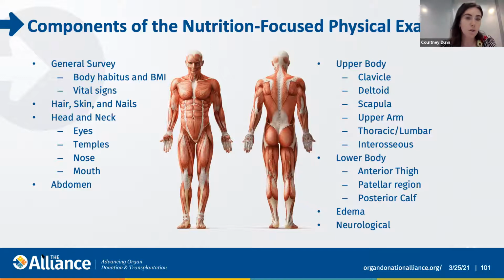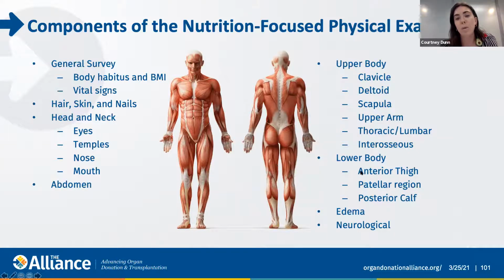So make sure that the height and weight are properly documented so we can get an accurate BMI. And then the abdominal exam is also helpful as a clinical dietitian, especially in the ICU or post-transplant, assessing if the patient is having any abdominal distension, pain, or cramping with eating or with enteral nutrition.